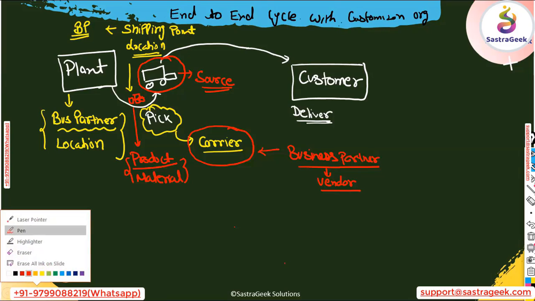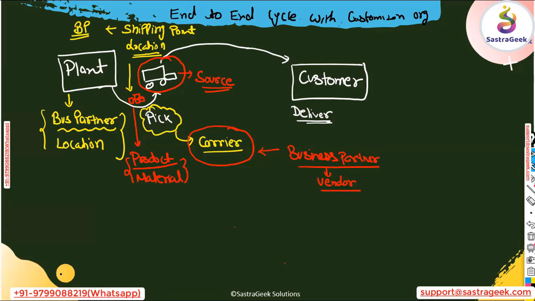Then you would be delivering this stuff to a customer. So you also require a customer. So a customer linking with the business partner, that is another set of data you would be requiring. Okay. Then you need to also create zones, because a lot of things would be happening based on the zones where you will be combining the pickup locations within the zone.